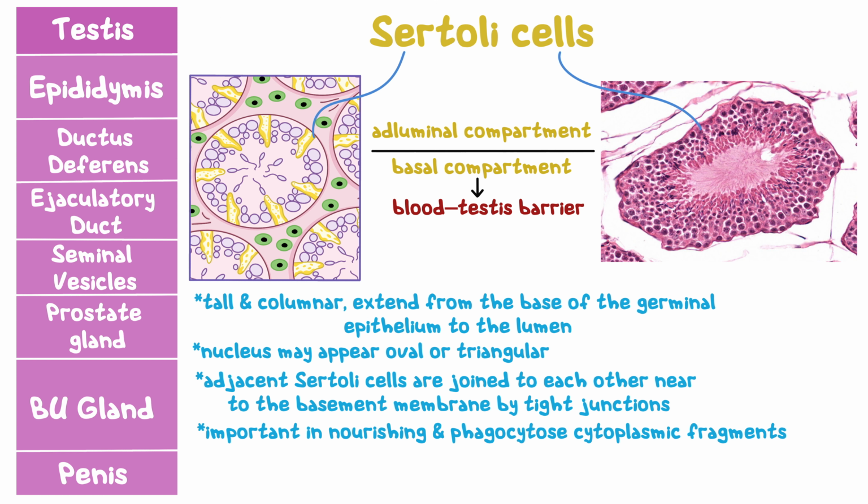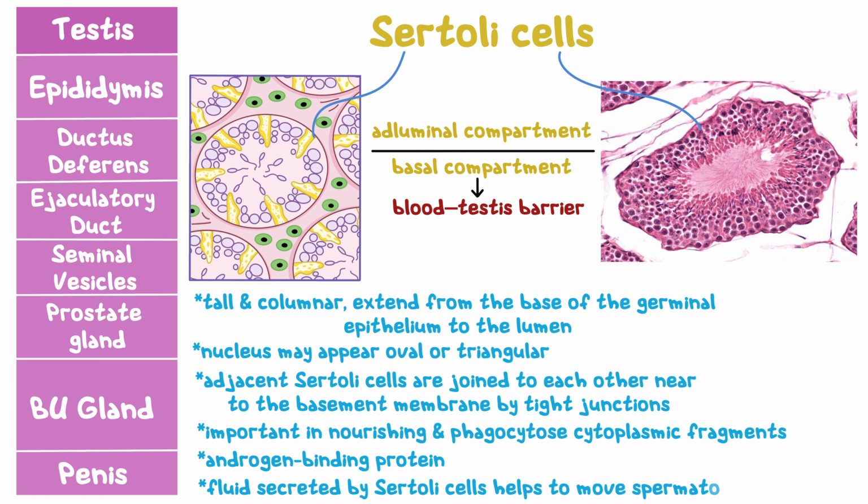An important component in the secretion from Sertoli cells is an androgen-binding protein. This binds testosterone and helps to ensure levels in the seminiferous tubules are higher than in the circulation and at a level adequate for the development of the spermatozoa. In addition, fluid secreted by Sertoli cells helps to move spermatozoa away from the testis, as at this stage the spermatozoa are not able to propel themselves.